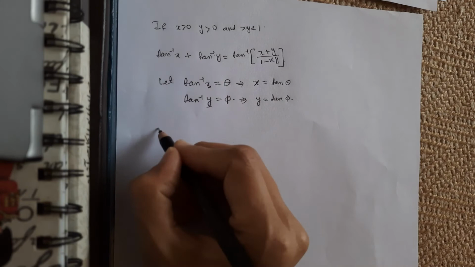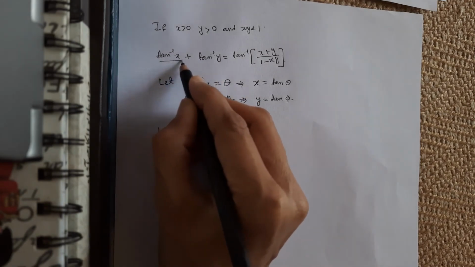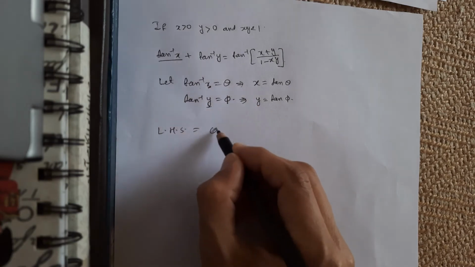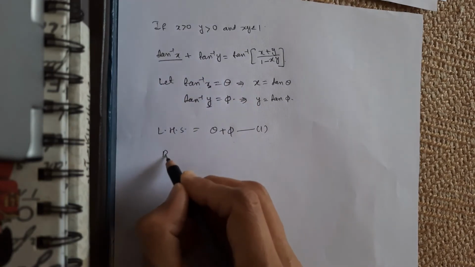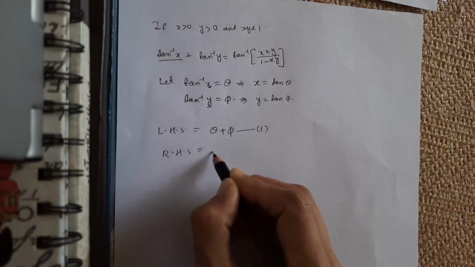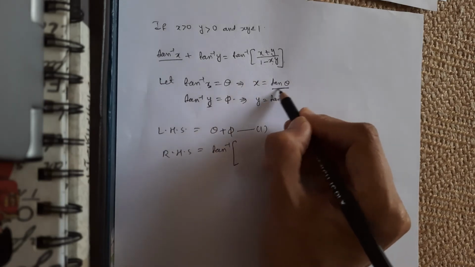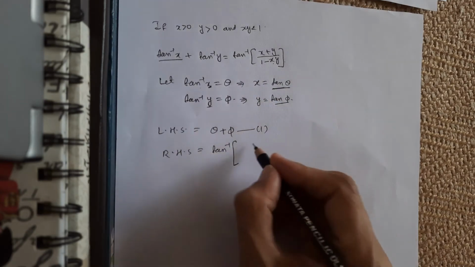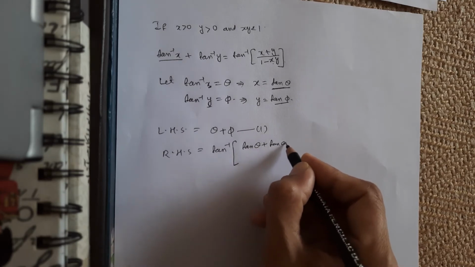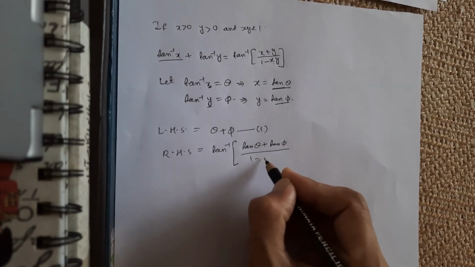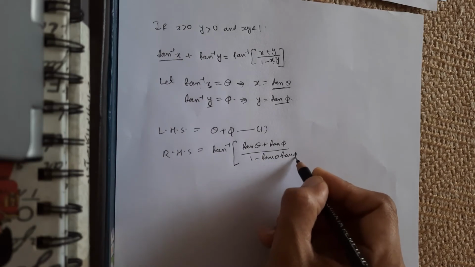Now, by using these values, what will the LHS become? Tan inverse x plus tan inverse y becomes theta plus phi. Now what is the RHS? RHS will be tan inverse of, the value of x is tan theta and the value of y is tan phi. So tan theta plus tan phi upon 1 minus tan theta into tan phi.